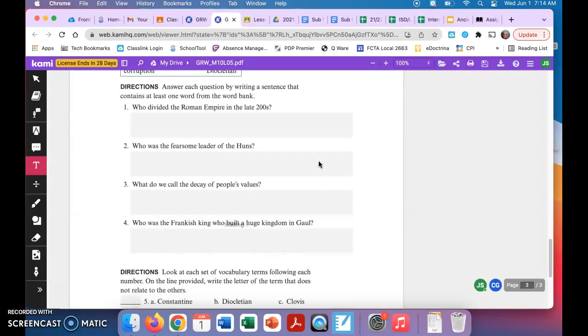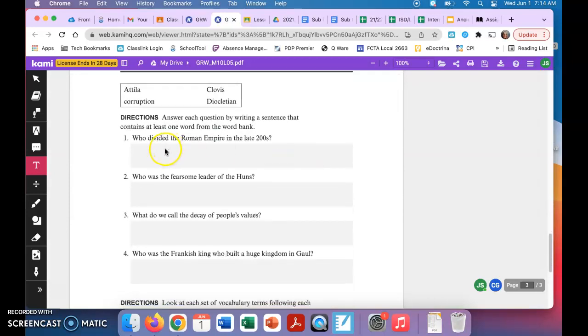And on our last page here, this top section, 1 through 4, you're going to answer each question by writing a complete sentence that uses one of the words from the box at the top. So number 1, who divided the Roman Empire in the late 200s? You will write a complete sentence and you will use one of these words, either Attila, corruption, Clovis, or Diocletian.